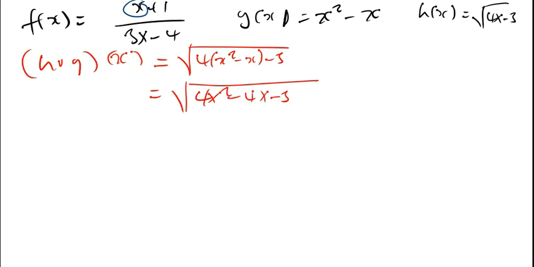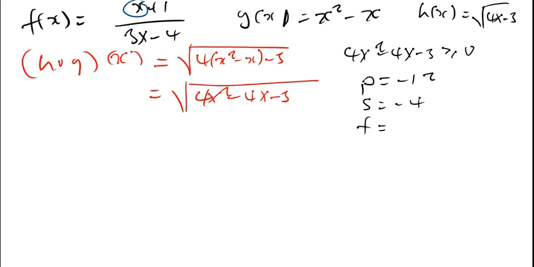To find the domain of this, get what is in the square root only and set it greater than or equal to 0. So for 4x squared minus 4x minus 3, the product is negative 12 and the sum is negative 4. What are the factors? You know what I'm doing here, right?